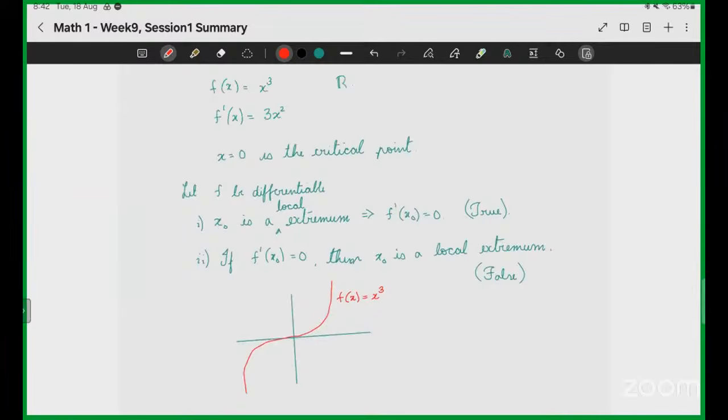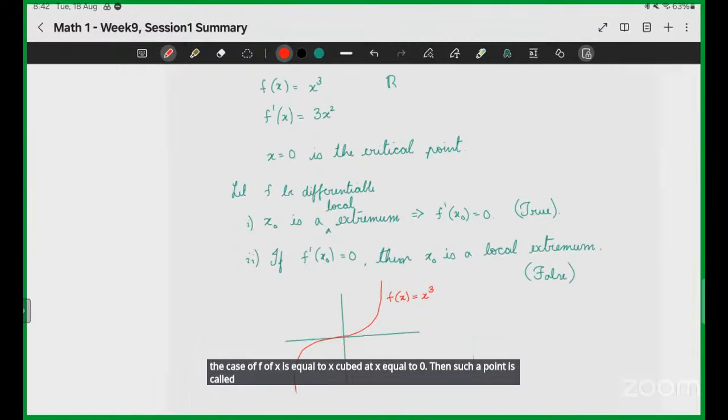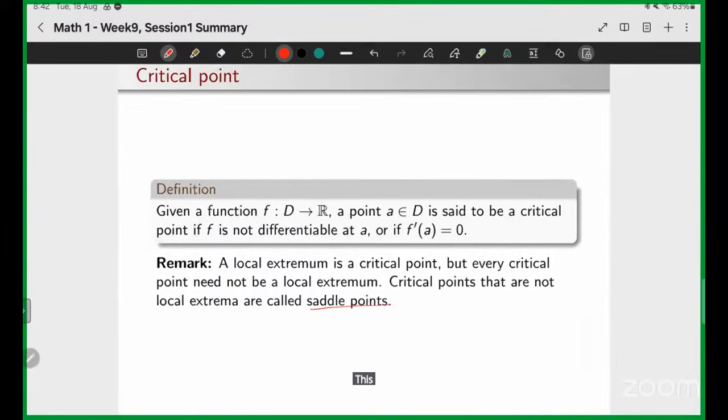Right. So if you have a differentiable function such that a point is a critical point without being a local extremum, as it happens in the case of f of x is equal to x cube at x equal to 0, then such a point is called a saddle point. This is a terminology that we will use. You might be more familiar with point of inflection, and maybe there are some other usages.